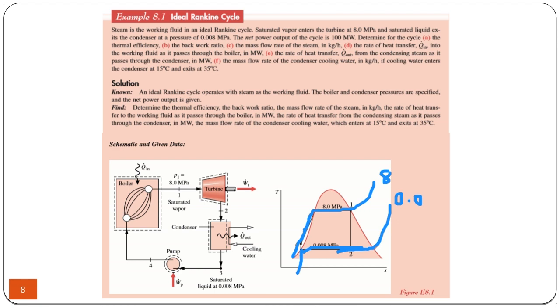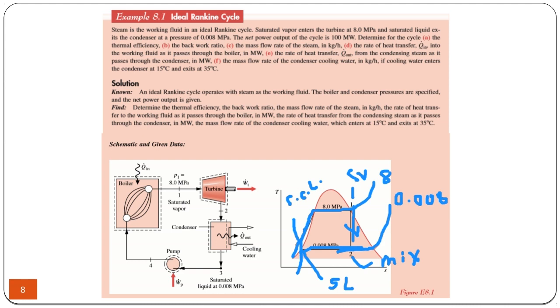At the inlet of the turbine, we have saturated vapor. At the exit of the turbine, we have mixture. At the exit of the condenser, we have saturated liquid. And at the exit of the pump, we have subcooled liquid, or sometimes it's called compressed liquid.